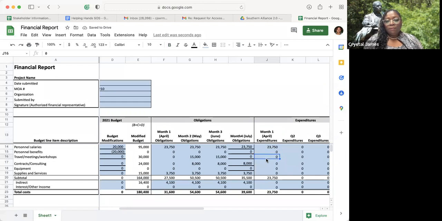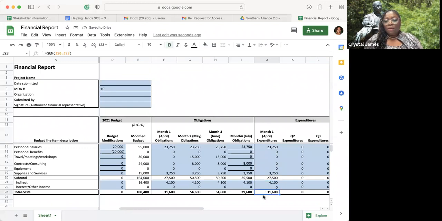You didn't have any expenditures due for meetings, travel, or workshops. You didn't pay any contractors in that first month. You didn't buy any equipment, but you did have some supplies, 3750. And you also want to go ahead and apply the indirect cost there.